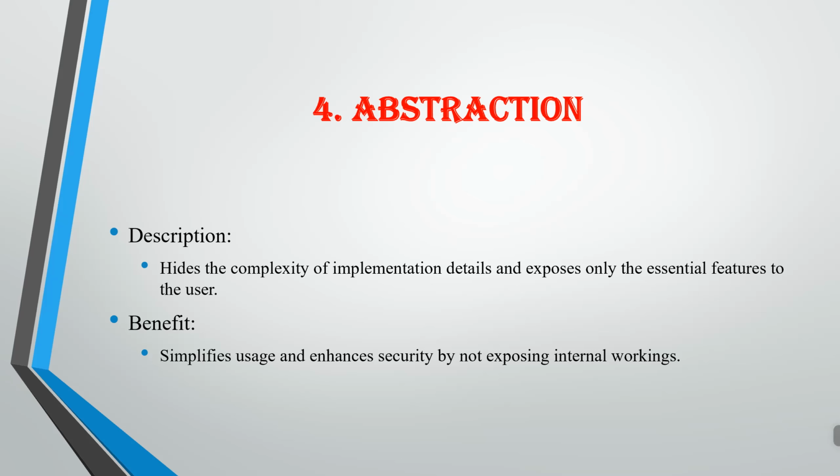So these things come only at the time of coding. But before coding, we have a concept of design, wherein we don't want the complexity of implementation of the data, but we want to know what is the essential feature of the data.